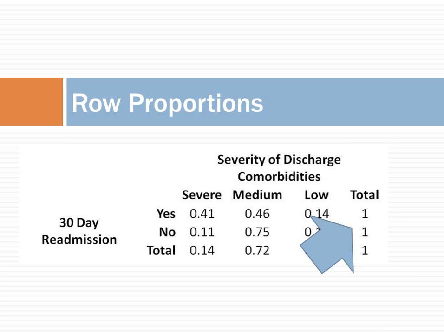In this table, the total of the row is always 1. Now we can more easily see that among patients readmitted in 30 days, 41% had severe comorbidities at discharge.